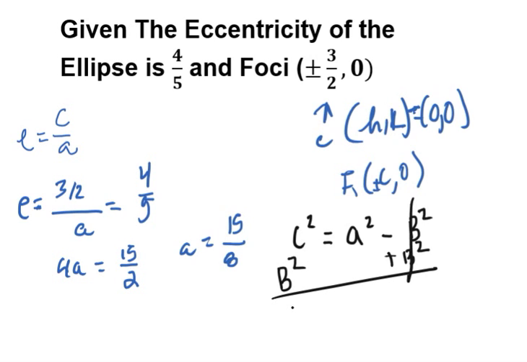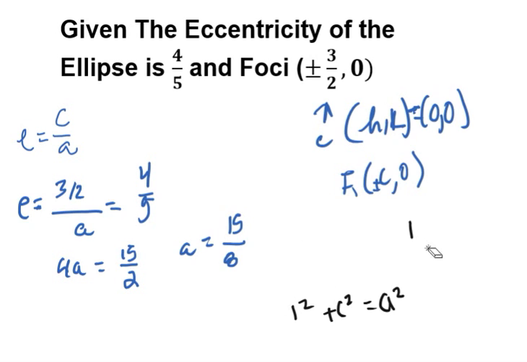These will cancel. I'll be left with B squared plus C squared is equal to A squared. Okay? So B squared plus C squared should be equal to A squared based on me solving this here.